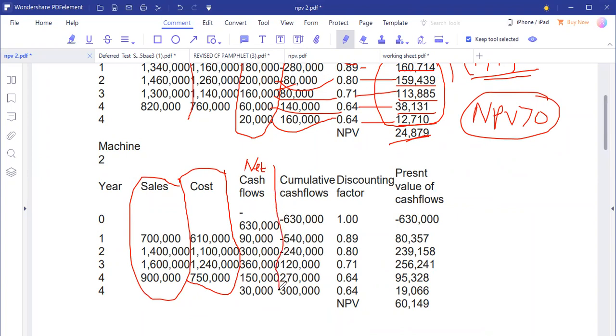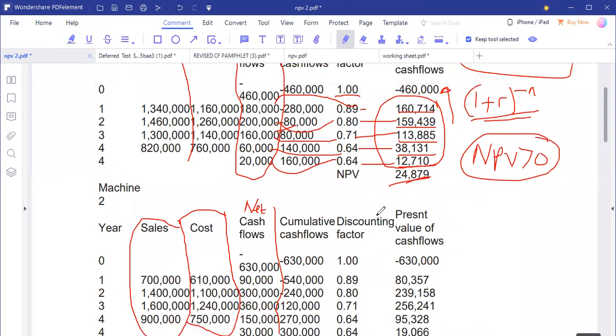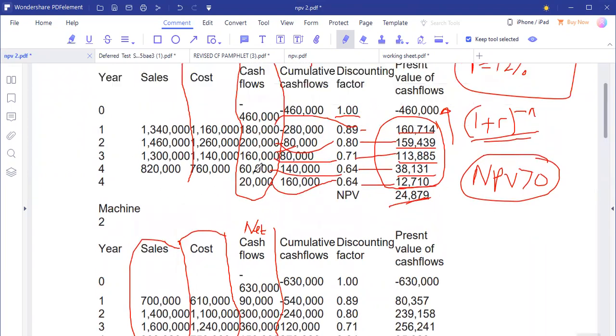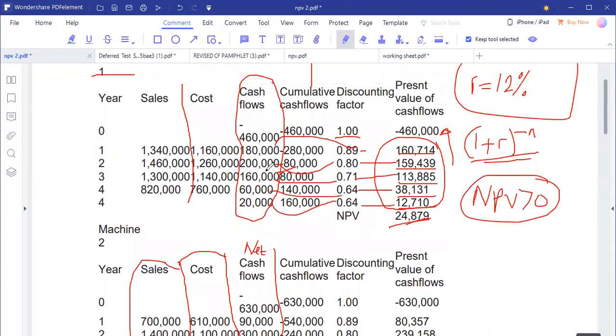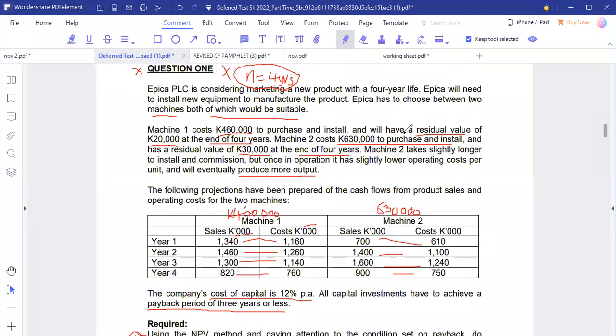So for these ones here, we have the residual value being considered. The reason why you're considering it is that for machine one, especially, there was a scrap value of 20,000 at the end of the 4 years.